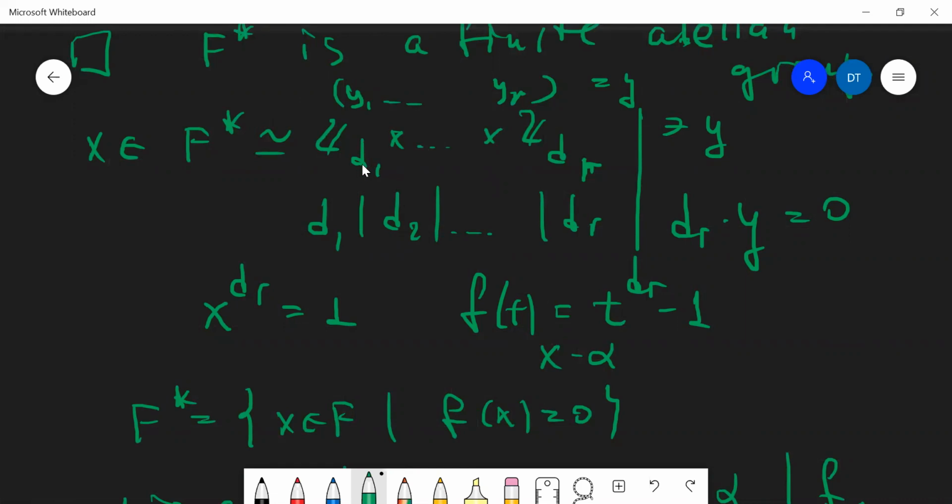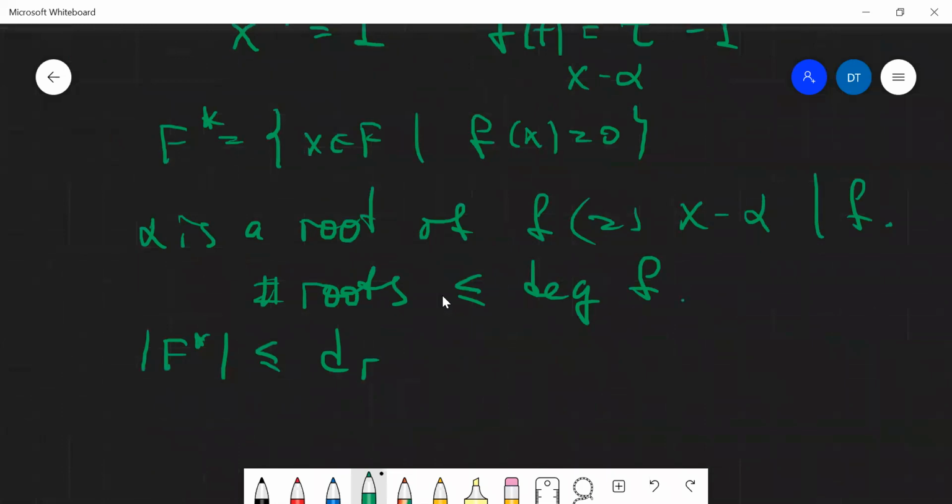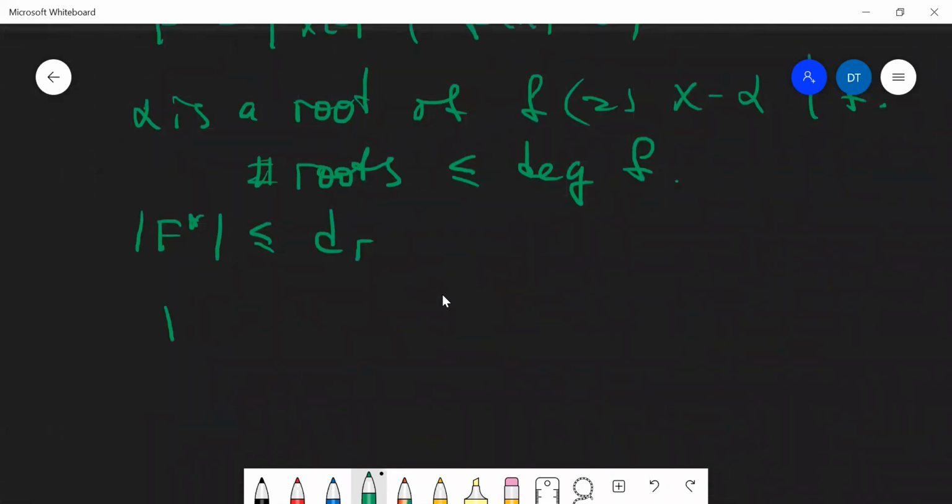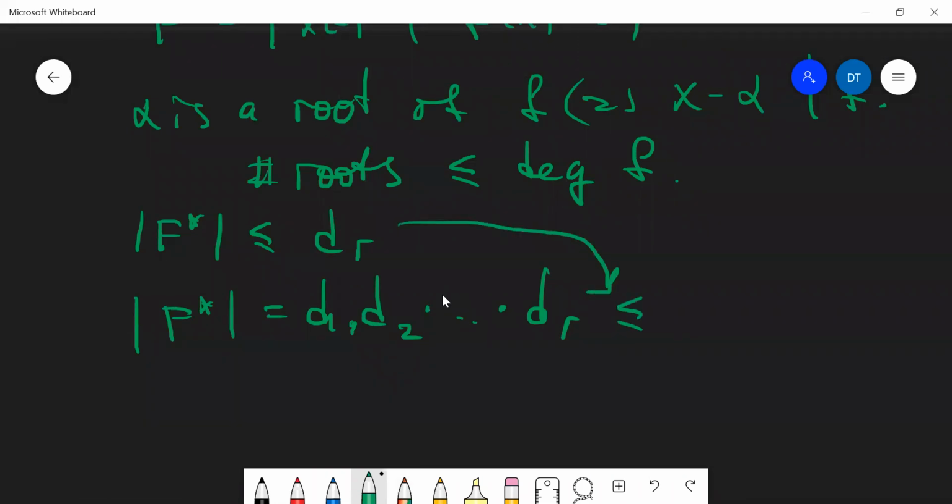You just multiply d1 by d2 by d3, etc., by dr. So from the isomorphism above, we get that F star contains d1 times d2 times etc. times dr elements. And because of this, it must be not greater than dr. Well, the only possible case for this to happen is if all the other factors are equal to 1. So it simply means d1 is equal to 1, etc., d(r-1) is equal to 1.